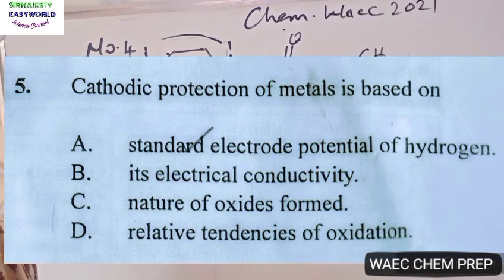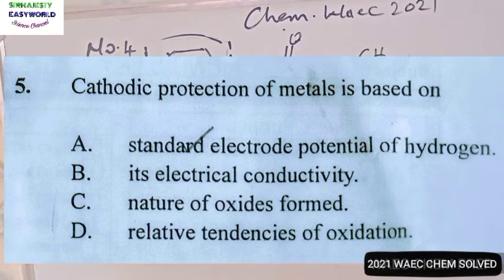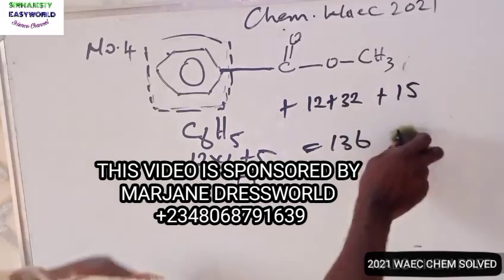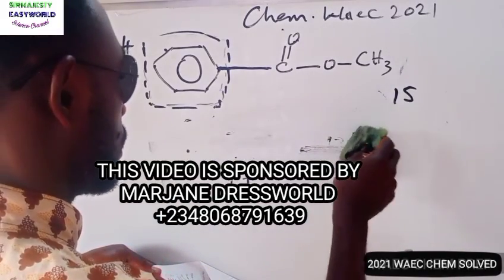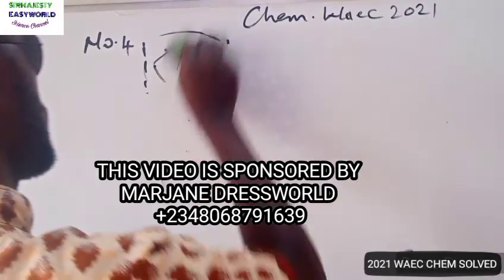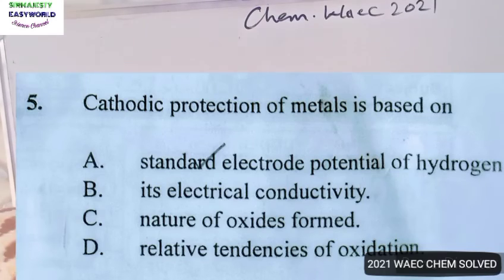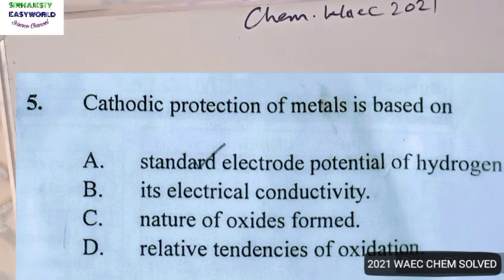Then cathode protection of metals, that's question number 5. Cathode protection of metal. So number 5 says cathode protection of metals is based on, okay, this is simple.